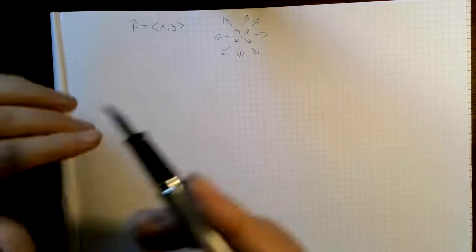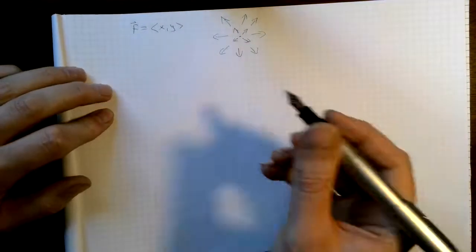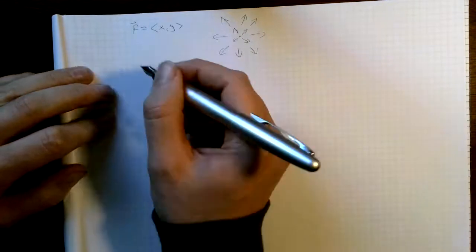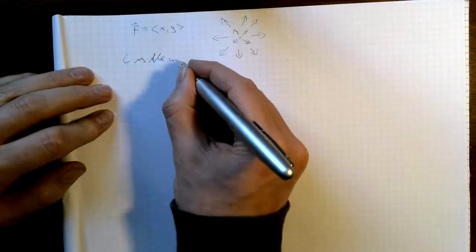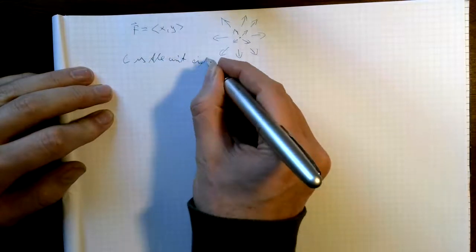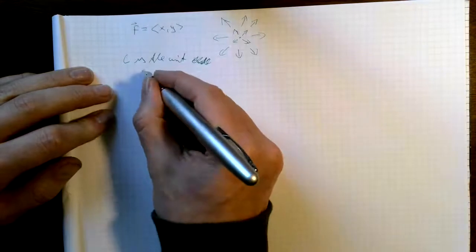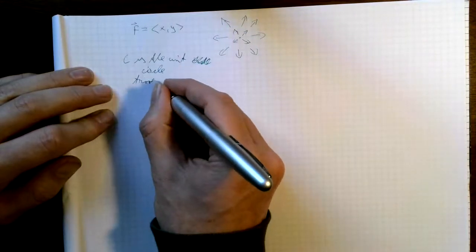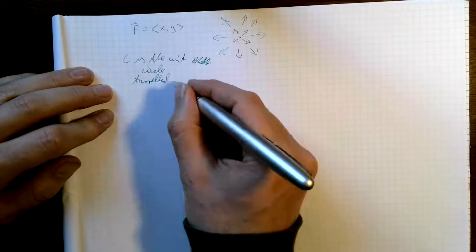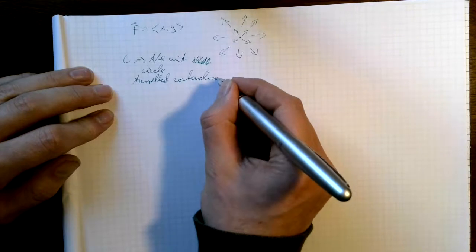All right. So now let's say we integrate this. Let's say C is the unit circle traveled counterclockwise.